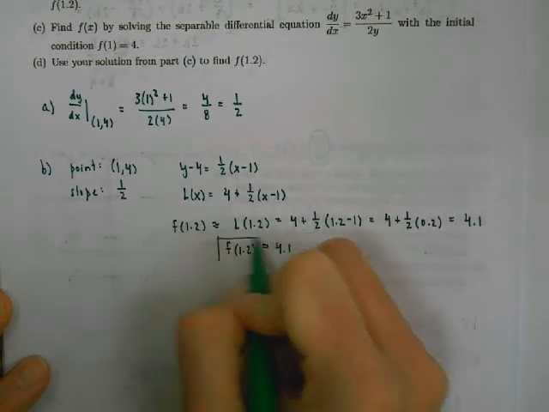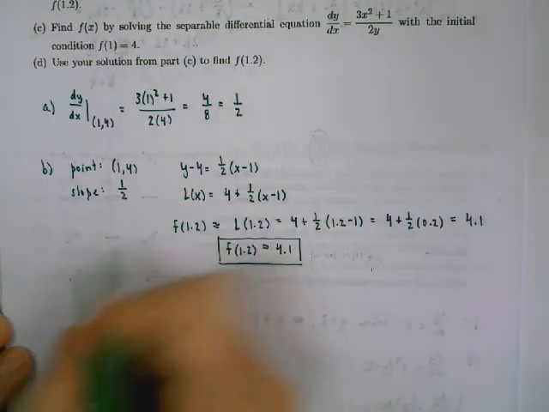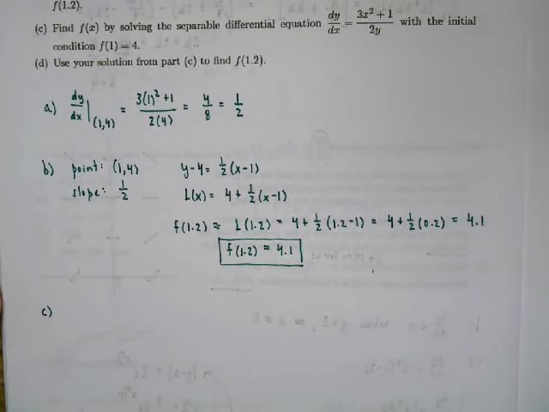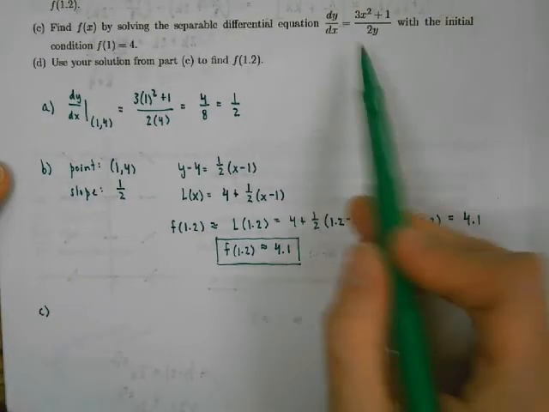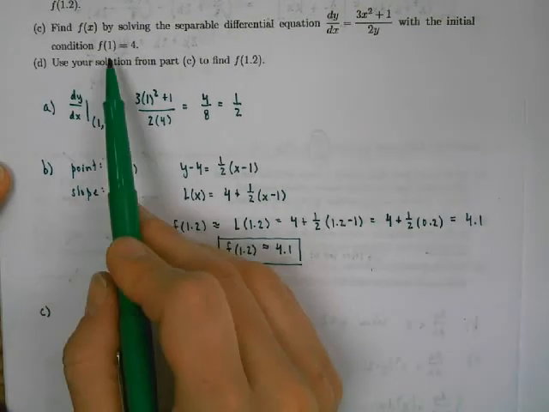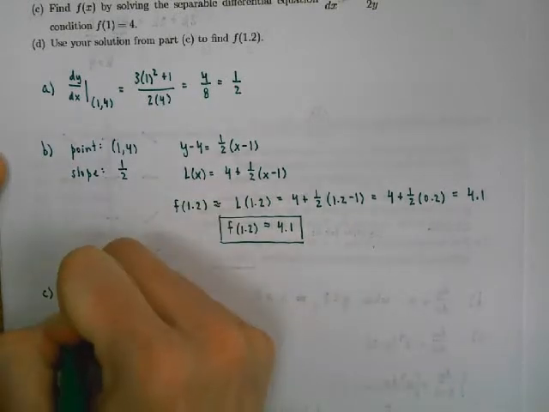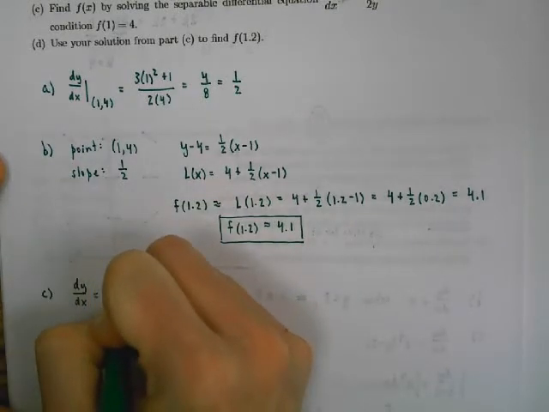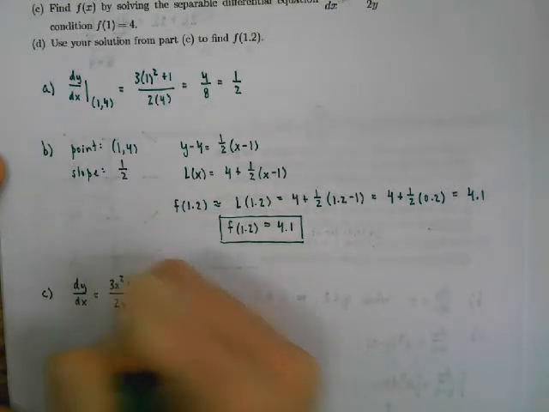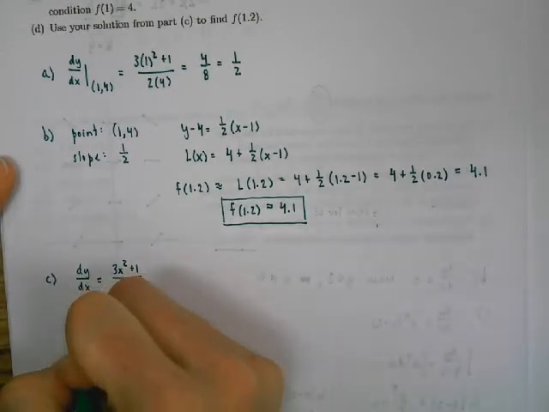Okay, I'm going to box that here. Now for part C, here we go. They want us to actually find the function by solving that separable differential equation, and we have initial condition f of 1 equals 4. So let's get that equation down. First thing we do is we separate our variables.